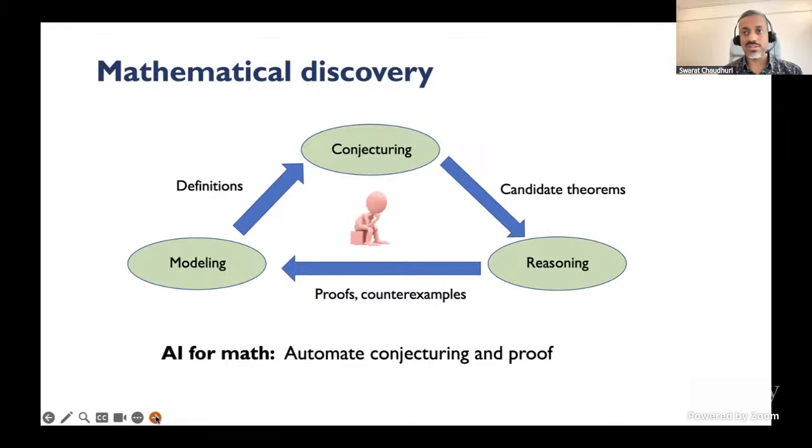That's the history of mathematics. Now, the dream of the field of AI for math is that you want to automate substantial pieces of this process, and as a result, accelerate it even more. You want to be able to discover new kinds of math, and this includes settling known conjectures, but also potentially coming up with new conjectures.